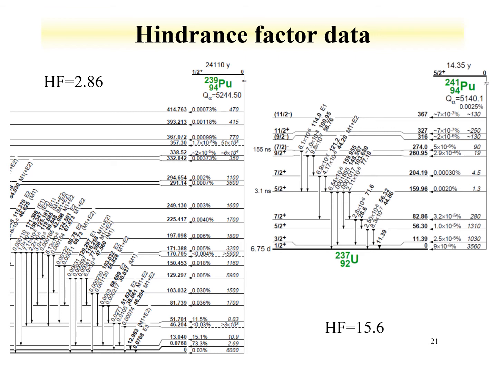What we will see about hindrance factors is that you can fundamentally bin the values between those values that are under 10, between 10 and 100, 100 to 1,000, and above 1,000. These binnings of the hindrance factors are correlated with spin and parity changes that occur during the decay.